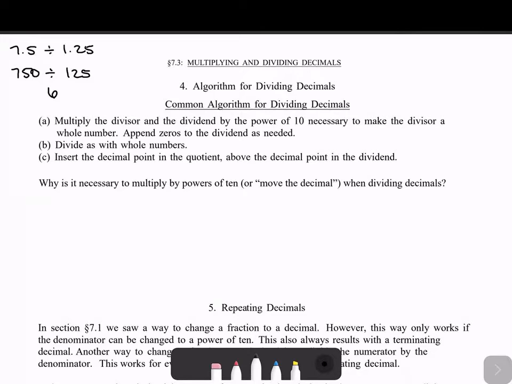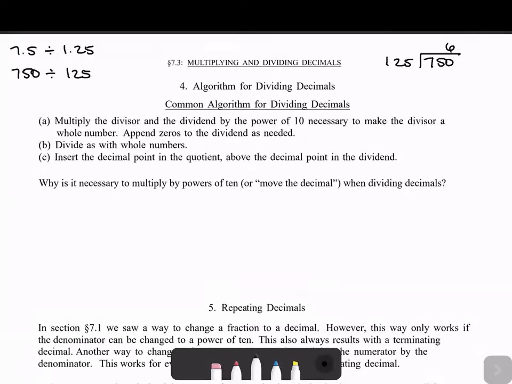So this is 6. And then we insert the decimal point in the quotient above the decimal point in the dividend. Well, I should have written this in a better form. If we were doing 750 divided by 125, this just goes in evenly 6 times.